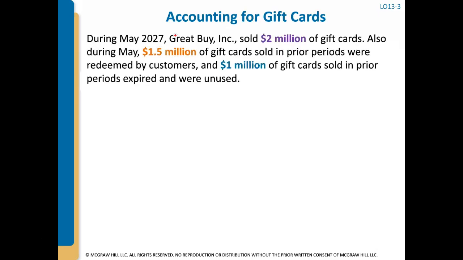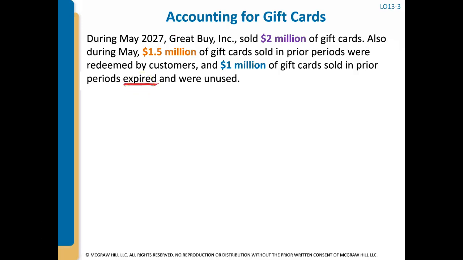During May 2027, Great Buy Inc. sold $2 million of gift cards. Also during May, $1.5 million of gift cards sold in prior periods were redeemed by customers, and $1 million of gift cards sold in prior periods expired and were unused.